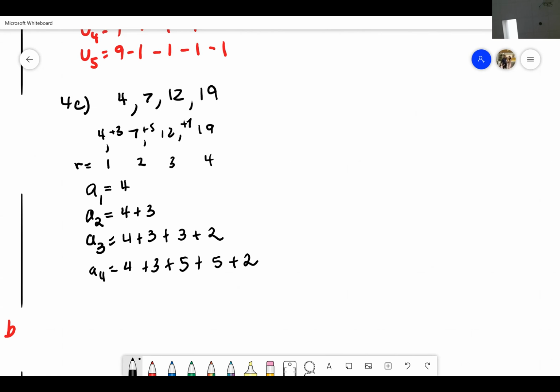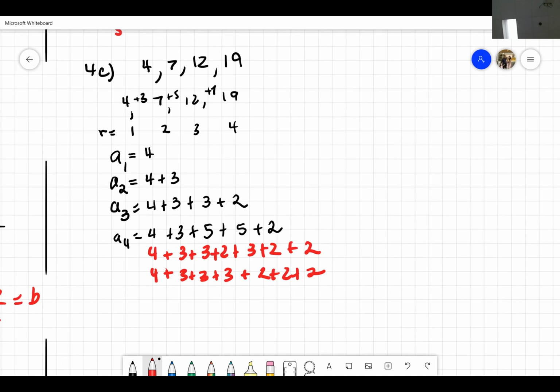And aren't these 5s really 3 plus 2? So shouldn't I just say, okay, I'll write this in red. Isn't this 4 plus 3 plus 3 plus 2 plus 3 plus 2 plus 2? If I start arranging these, I notice 4 plus 3 threes, and then 3 twos as well.